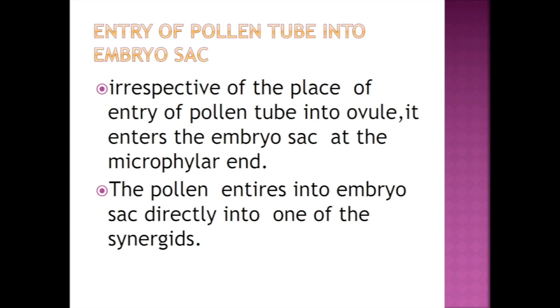The pollen tube enters into the embryo sac directly into one of the synergids. So, the pollen tube enters the ovule and enters the embryo sac at the micropylar end. Next one.